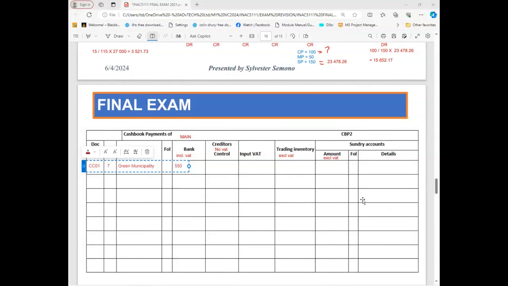And then thereafter, obviously, you will make sure that you calculate. So you must ask yourself some questions now, whether the item is VATable or not. It's very important to ask yourself that question. Is this item VATable or not?